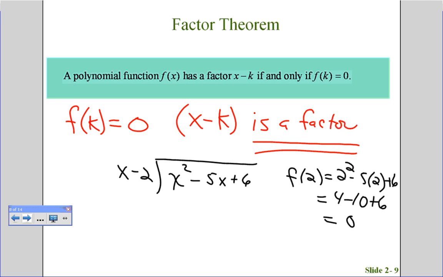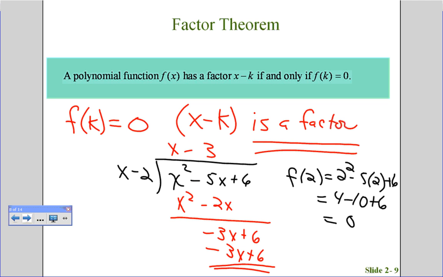When I do the long division, x goes into x squared, x times x squared minus 2x, subtract, and I get minus 3x plus 6, minus 3, minus 3x plus 6, and it works. There is no remainder.